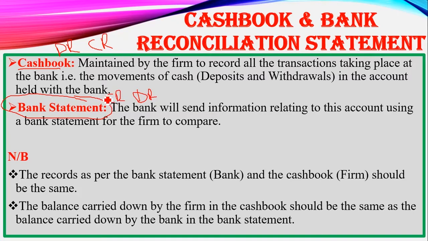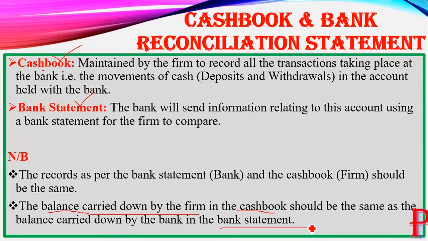So you find that these two statements, the cash book, which is maintained by the firm, and the bank statement, which is maintained by the bank, they are supposed to have a similar balancing figure. That is, the balance carried down by the firm in the cash book and the balance carried down by the bank in the bank statement should be the same.